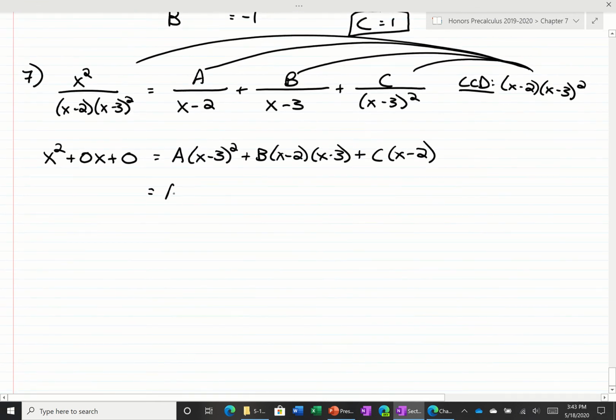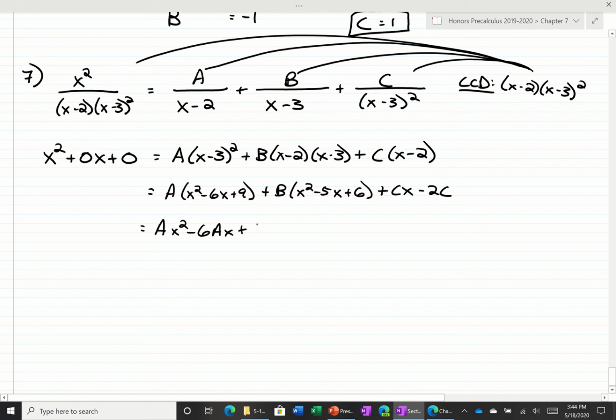Let's distribute. We get Ax squared minus 6Ax plus 9A plus Bx squared minus 5Ax plus 6B plus Cx minus 2C.